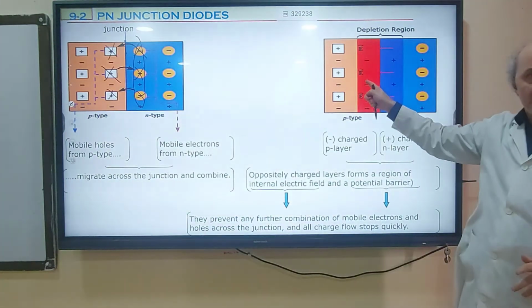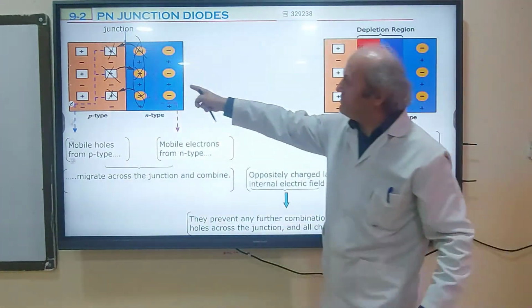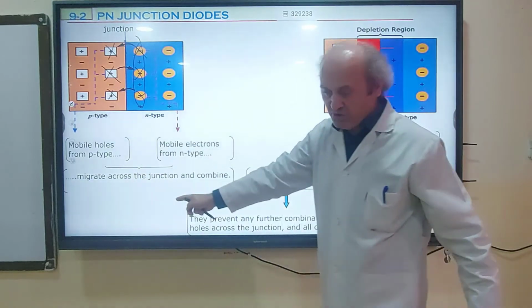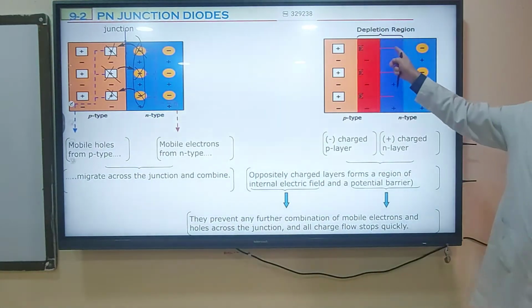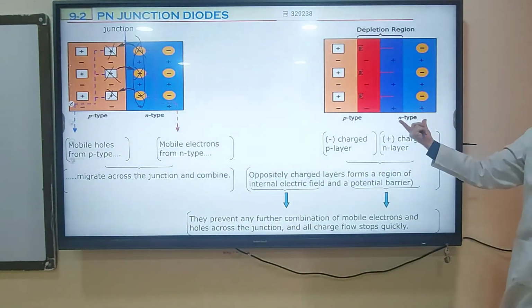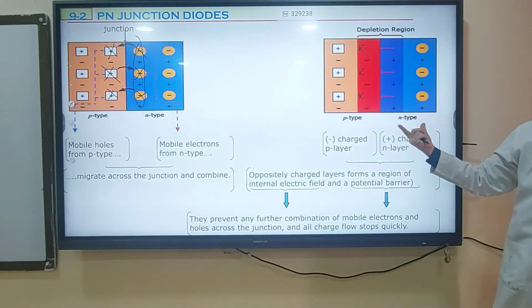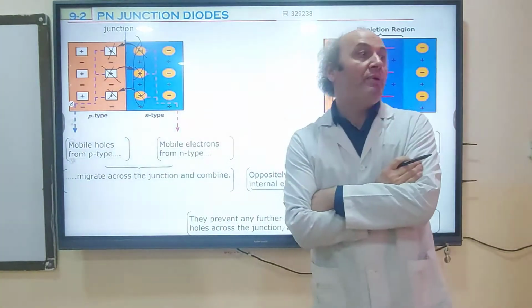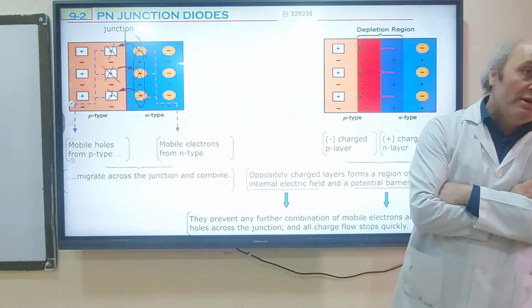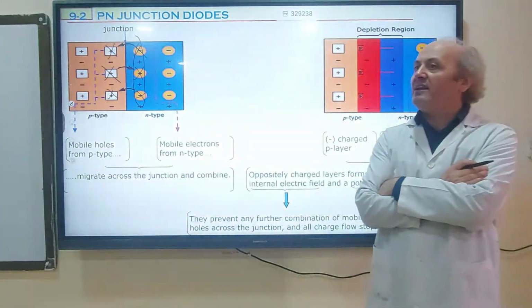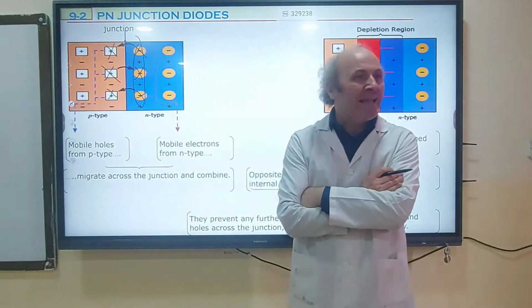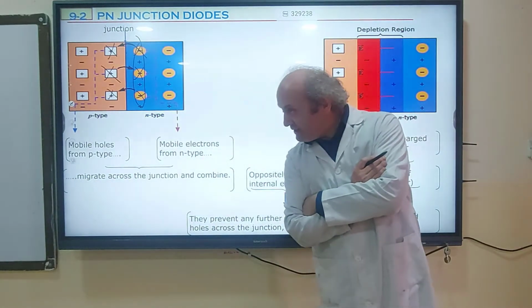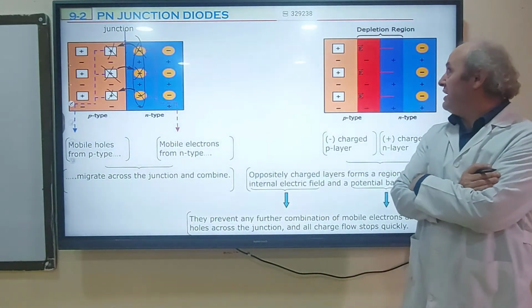One layer becomes negatively charged, which happens in the p-type semiconductor, and one layer becomes positively charged, which happens in the n-type semiconductor. And we know that an electric field forms from the positively charged layer to the negatively charged layer, just like the electric field between two parallel plates, from the positively charged plate to the negatively charged plate.